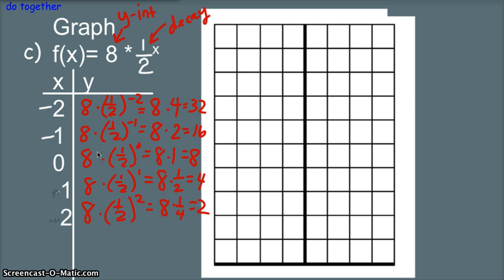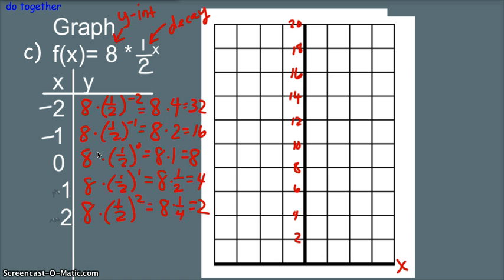I can tell that my y values are very large and they're not going to all fit on my graph. So I'm going to change the scale. My y-axis is going to go by 2's. That way I can fit more of my points to show the nice smooth curve. Go ahead and plot your points. We're not going to be able to fit -2, 32, but it will help us to estimate where our arrow should point to.